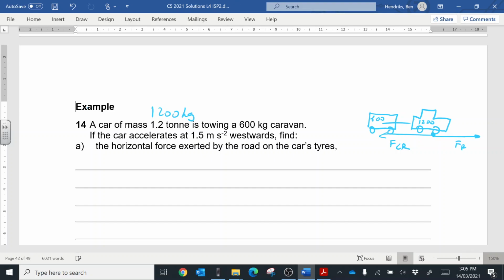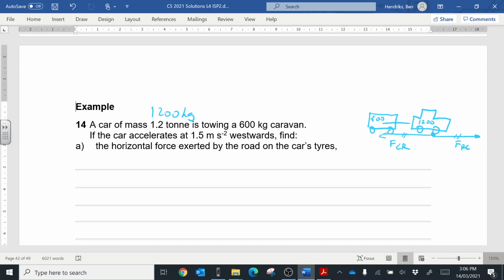It's a weird concept, but the road is actually pushing the car forward due to Newton's third law, with equal and opposite forces. Because this car is pulling the caravan along, all that force is going through the car as well.